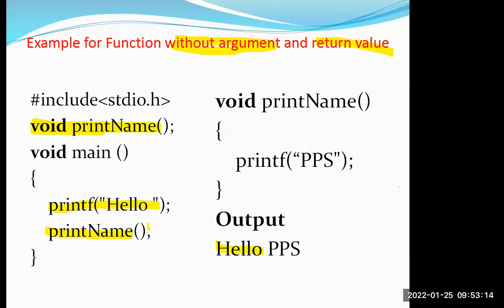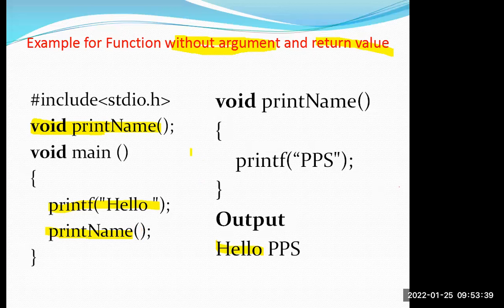There is no argument present within the open and close bracket. In the next example, we'll see how to pass arguments. In this example, there is no argument at all, and no data type present inside print name.